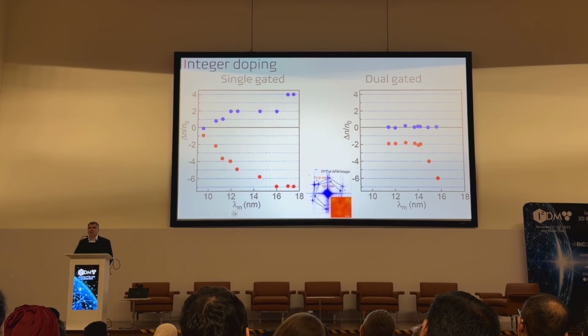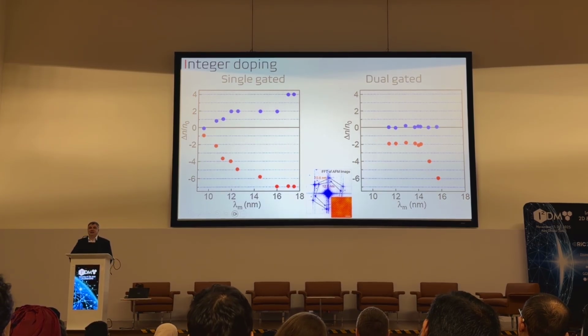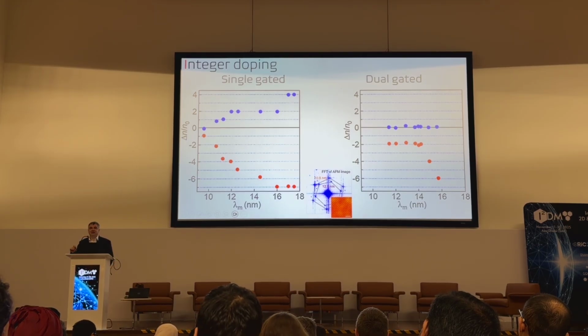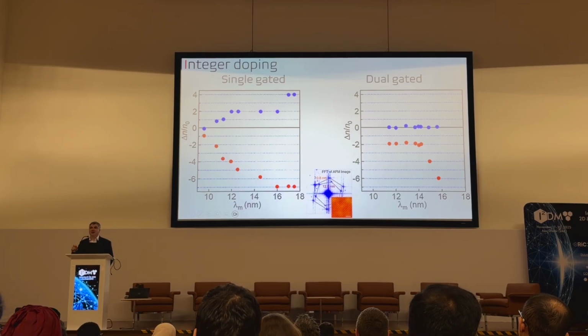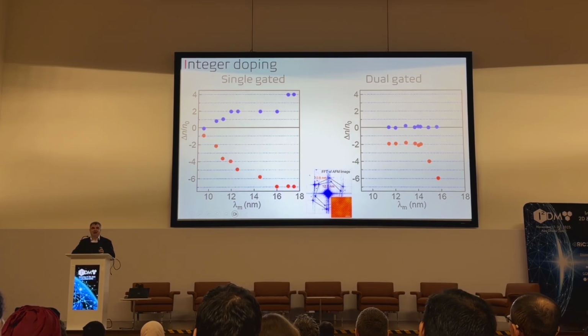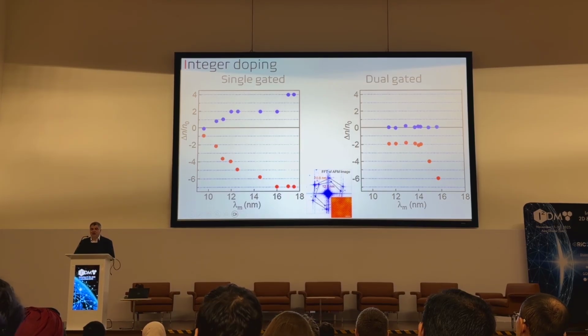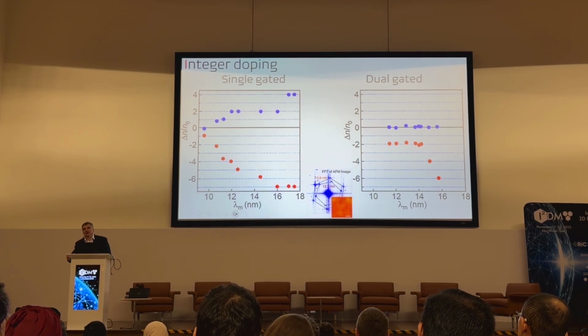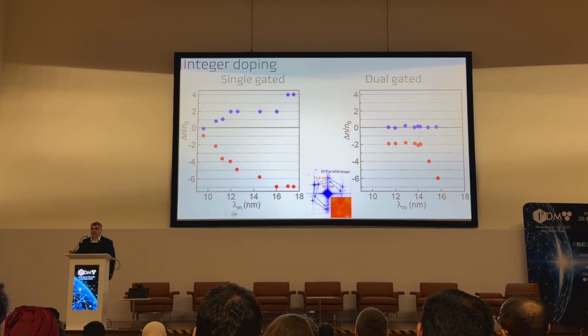Just maybe to show that this effect, pretty much always in those devices we see that it's doping of an integer number of electrons per plaquette, but then of course by varying the angle of the device we can change the size of the Moiré pattern, and typically the better the alignment, the larger is the Moiré pattern.